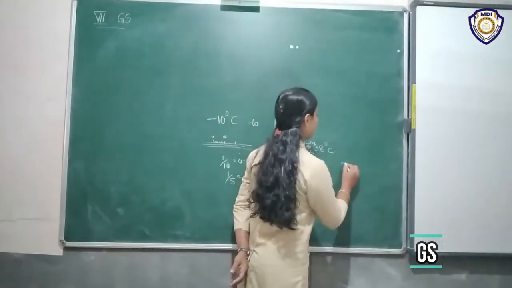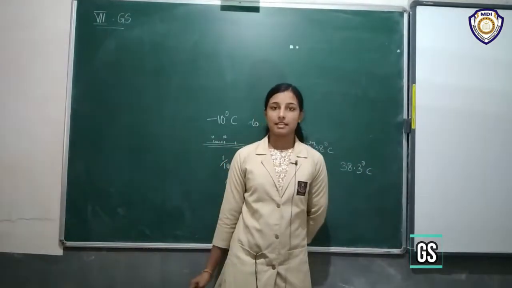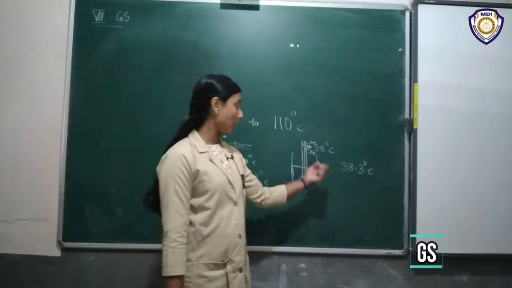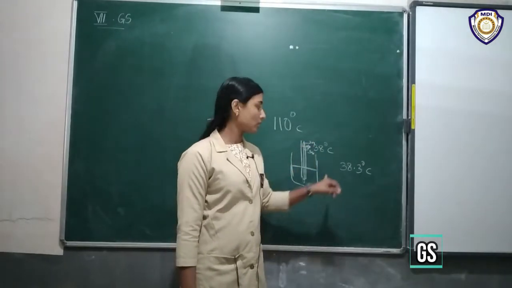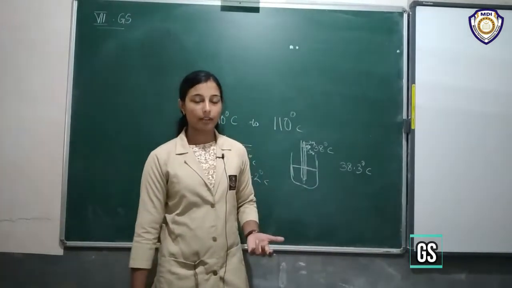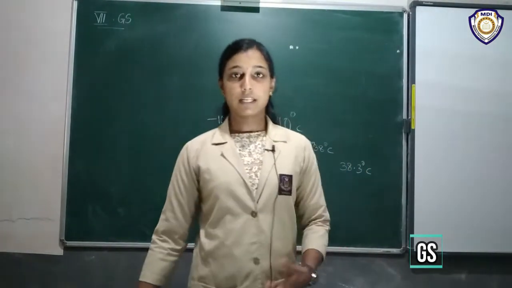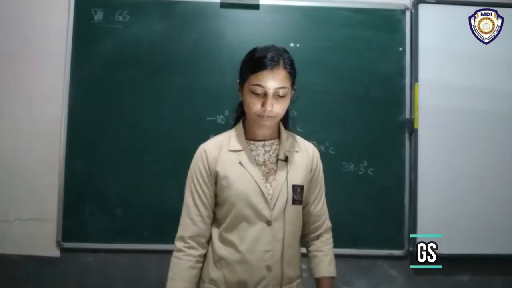So it will be 38.3 degrees centigrade. So we have to know the values of each small division so that we can report the temperature. So that will be the temperature of that water inside the beaker.